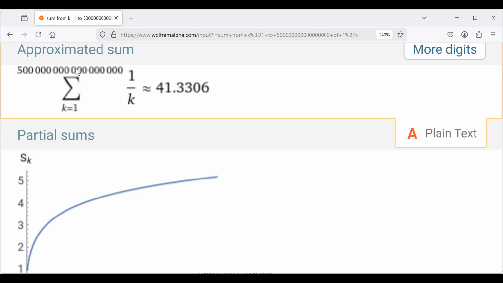So I again reiterate that we use these partial sums to define these series and define convergence. But in general, if we want to know whether a series converges or diverges, we're not going to be able to approach it with partial sums.